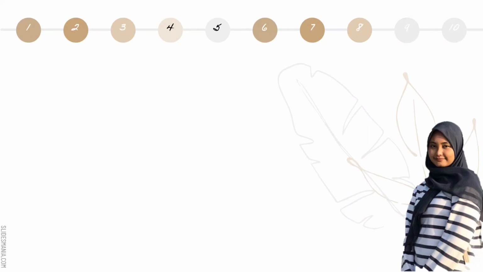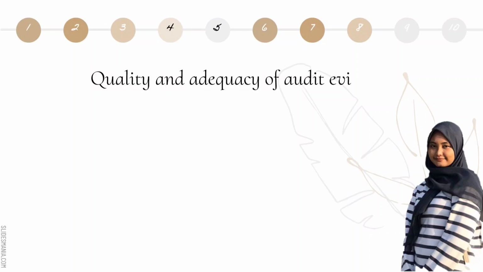Quality and adequacy of audit evidence. The persuasiveness of evidence is determined by appropriateness and sufficiency. Appropriateness includes relevance, whether the evidence relates to the specific audit objective being tested.